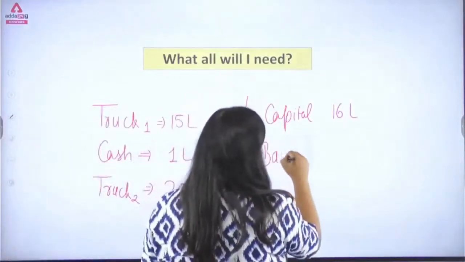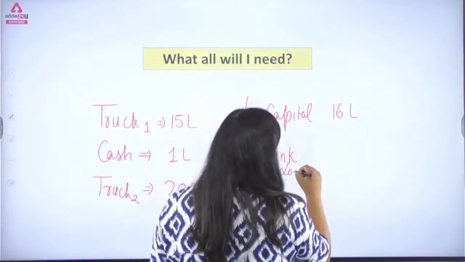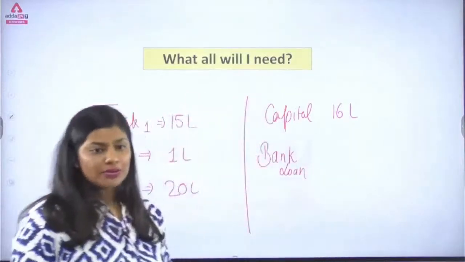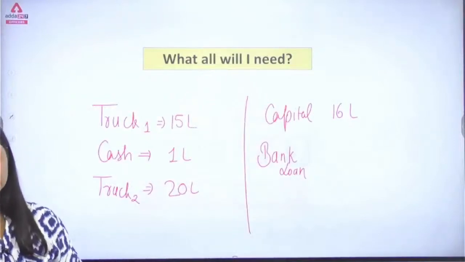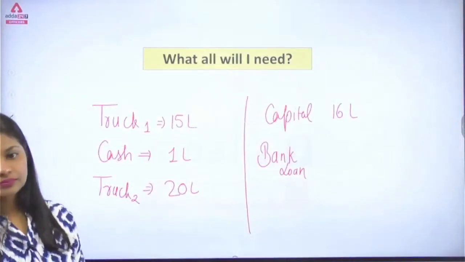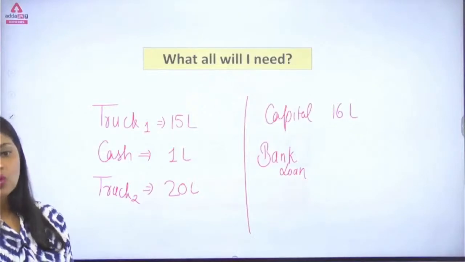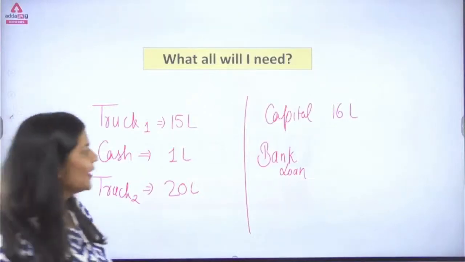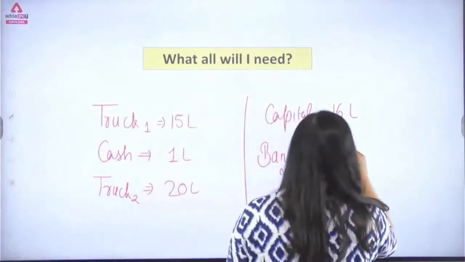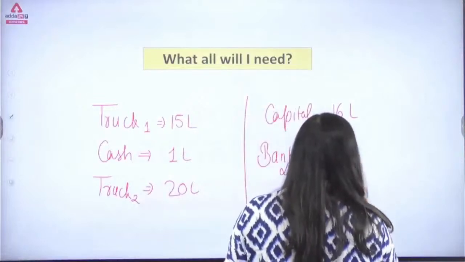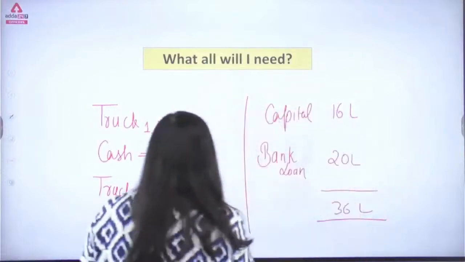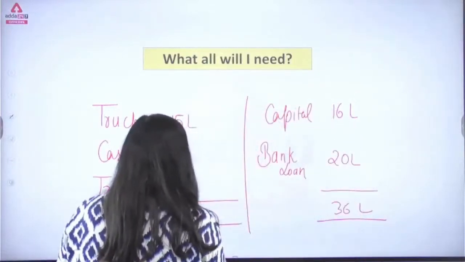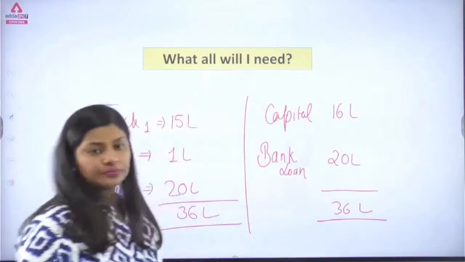So is a bank loan my money or outsider's money? What is a bank loan? It's an outsider's money. How much is the amount? 20 lakh. Right. Now, when I add this, it is 36 lakh.